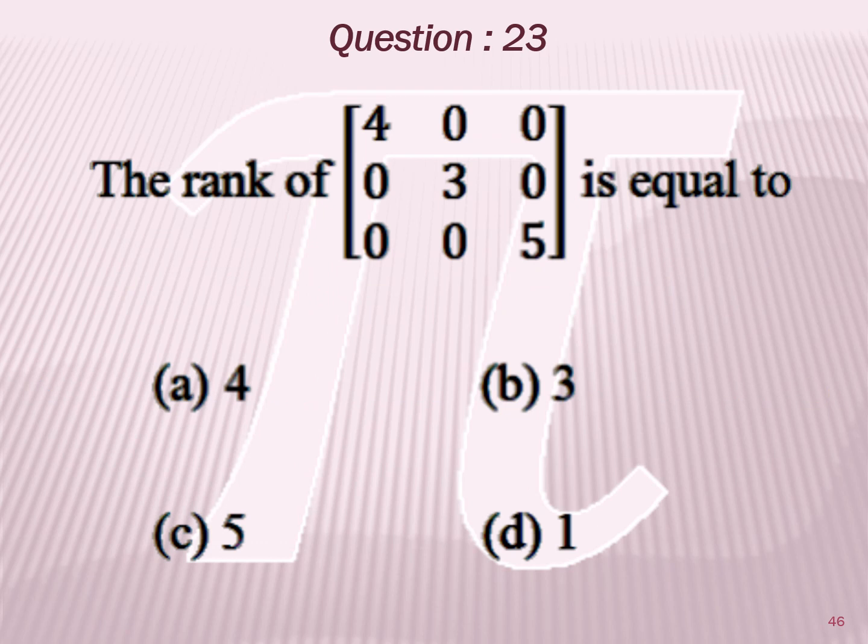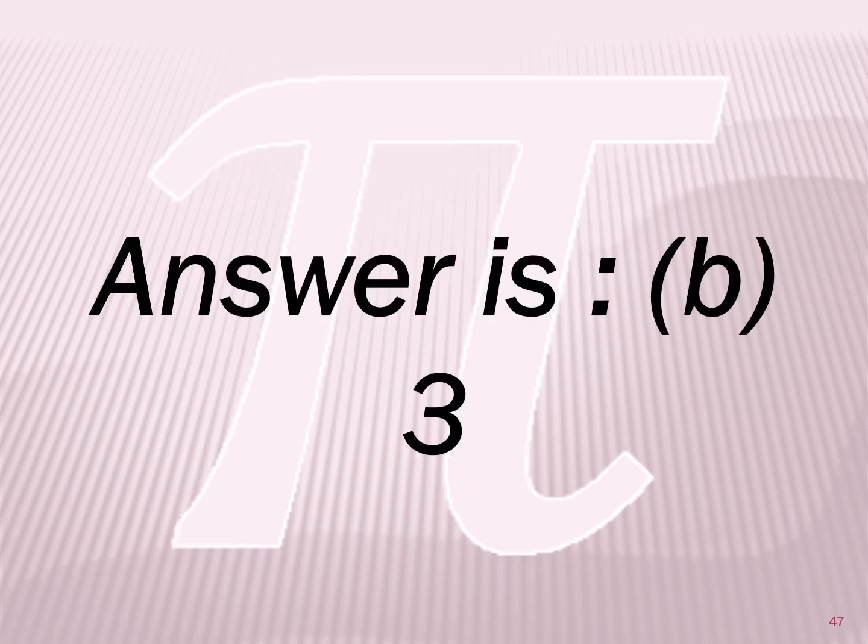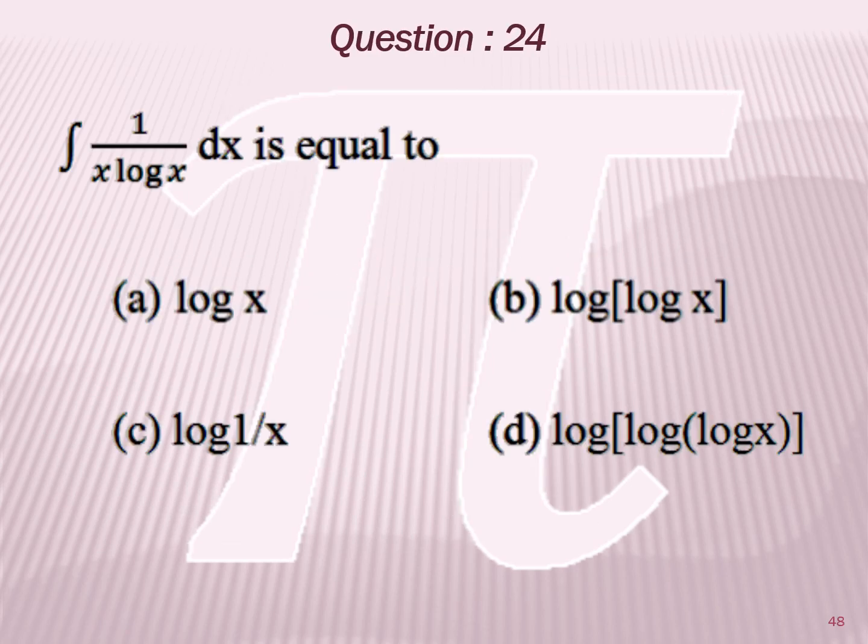Rank of the given matrix is equal to, all options are there. Is option B, that is 3. Question number 24 is on your screen.